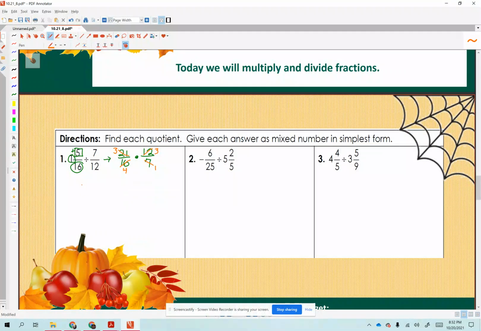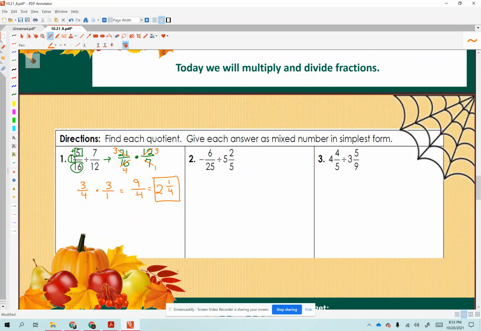So I can rewrite that as 3/4 times 3 over 1, which equals 3 times 3 is 9. 4 times 1 is 4. And 9 divided by 4 is 2, because 2 times 4 is 8, and 1/4 left over.